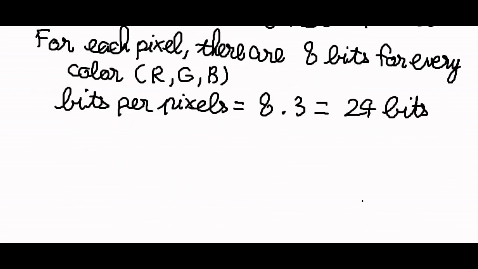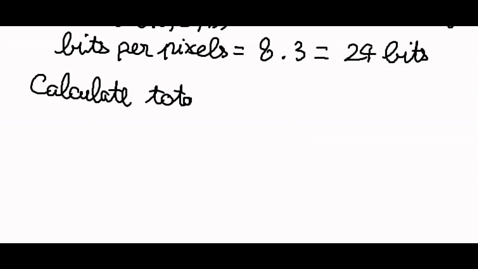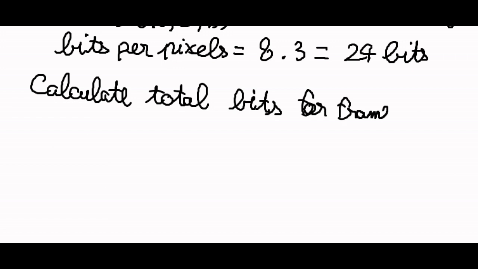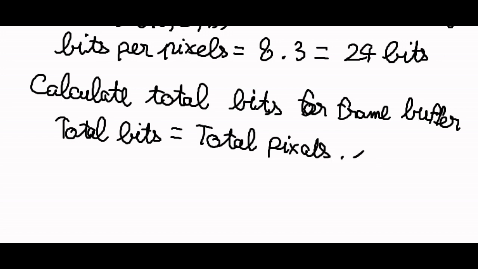And so from these two pieces of information, we can calculate the total bits for the screen buffer, the frame buffer actually. Now the total bits is equal to the total number of pixels times how many bits there are per pixel.